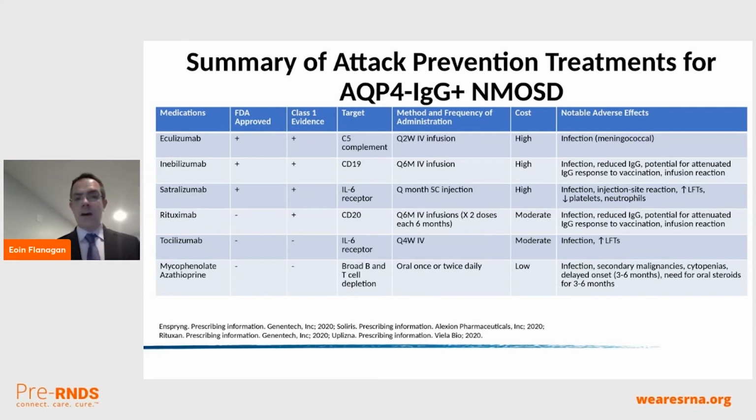Another option is tocilizumab, which is not FDA approved and will be off-label, but targets the IL-6 receptor, similar to the satralizumab. And then the older generation medications, mycophenolate and azathioprine, have been used. They're oral medications. They are a little bit problematic in that they haven't been proven in these clinical trials. And also when you use them for a long time, there's an increased risk of blood cell cancers, and they take a long time to work, 3 to 6 months.